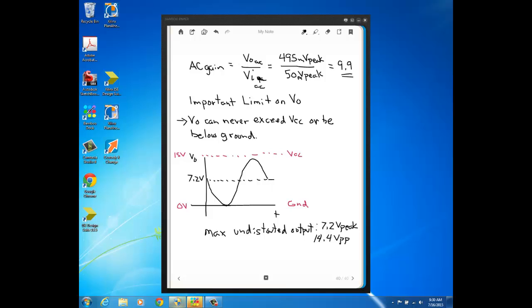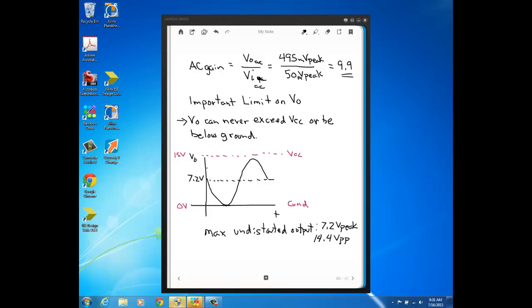If this Q value was right in the center, 7.5, then we would have the largest maximum undistorted output possible, because if this output sinusoid was centered on 7.5, it would hit both of these limits at the same time.